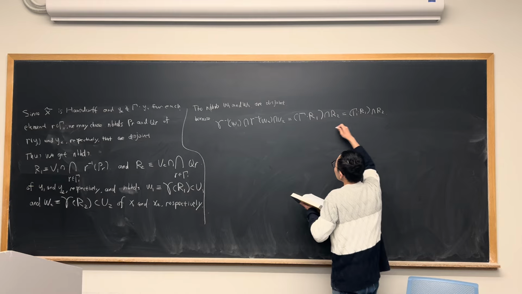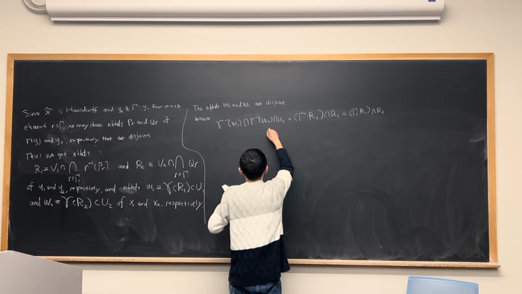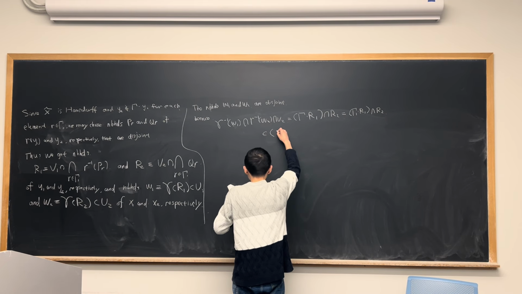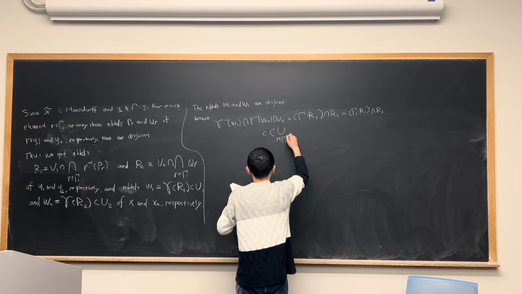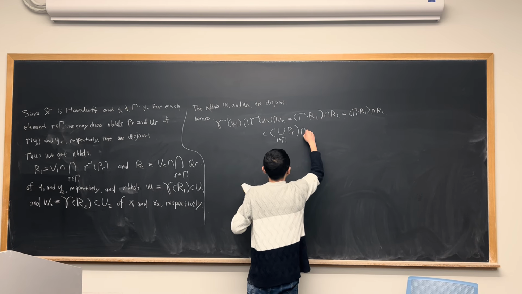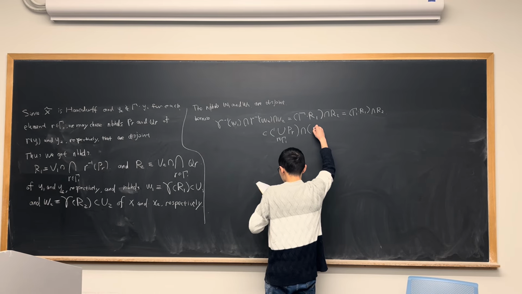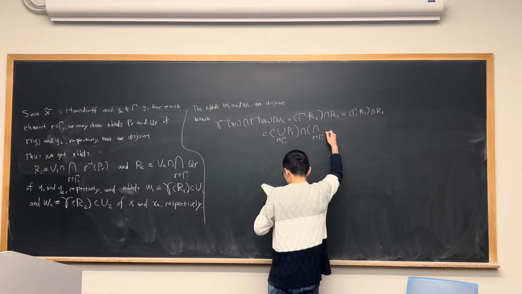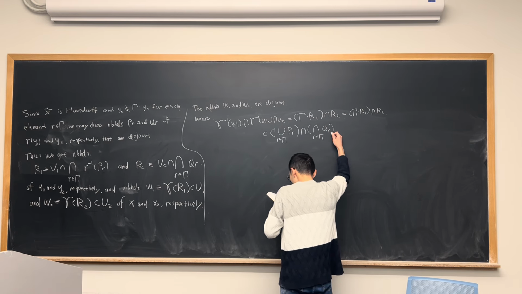And this whole thing is a subset of the union over r in gamma 1 of PR intersect the intersection over r in gamma 1 of QR, which is empty.